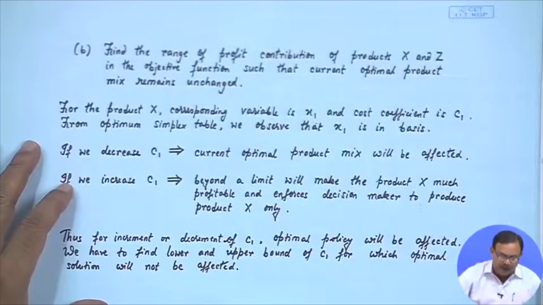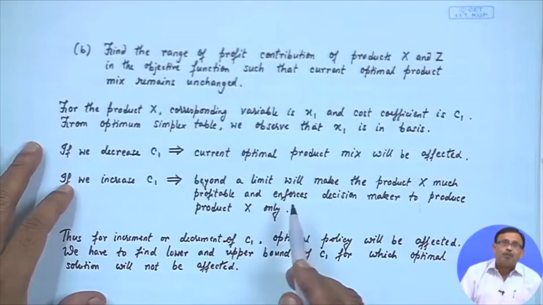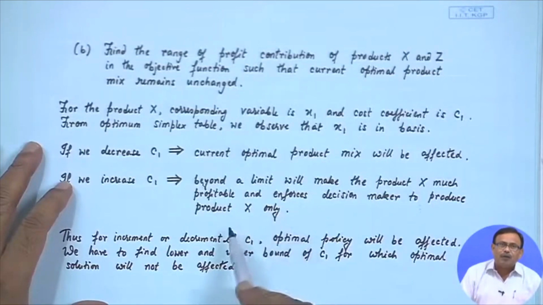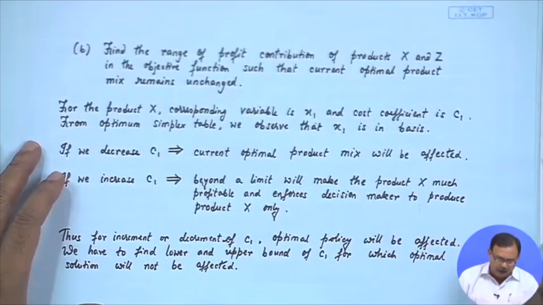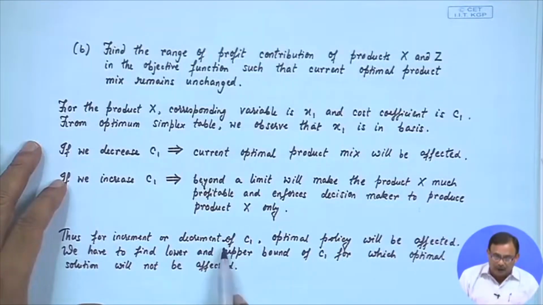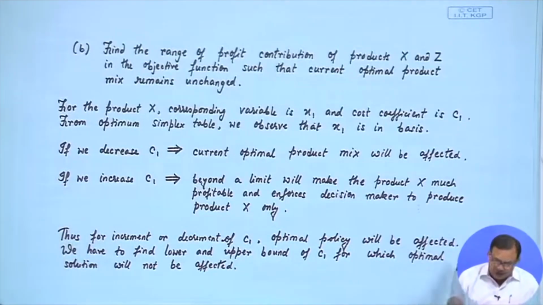Therefore, if we decrease the value of C1, then the current product mix or the basis will be affected, whereas if we increase C1, it will be much more profitable and will force the decision maker to produce maybe X only. Thus, for an increment or decrement of C1, the optimal policy will be affected.